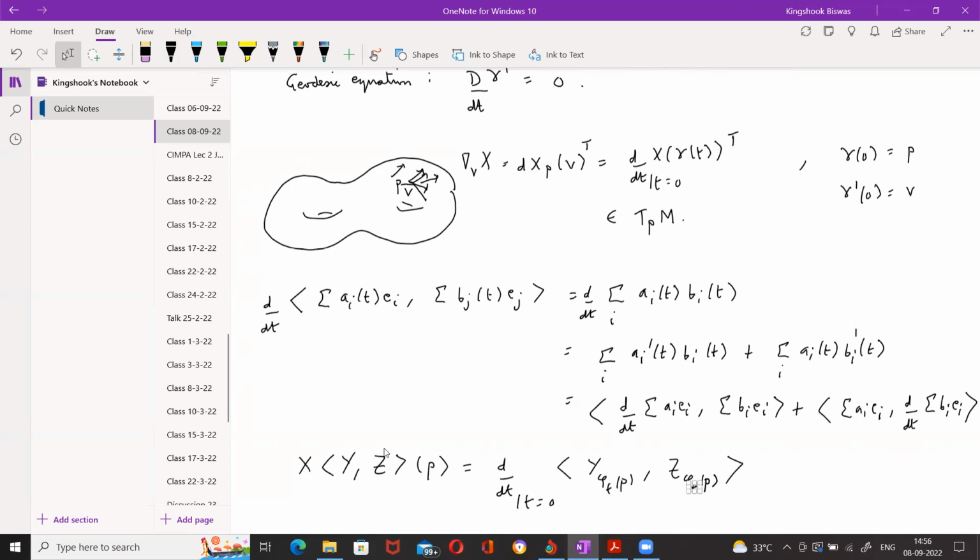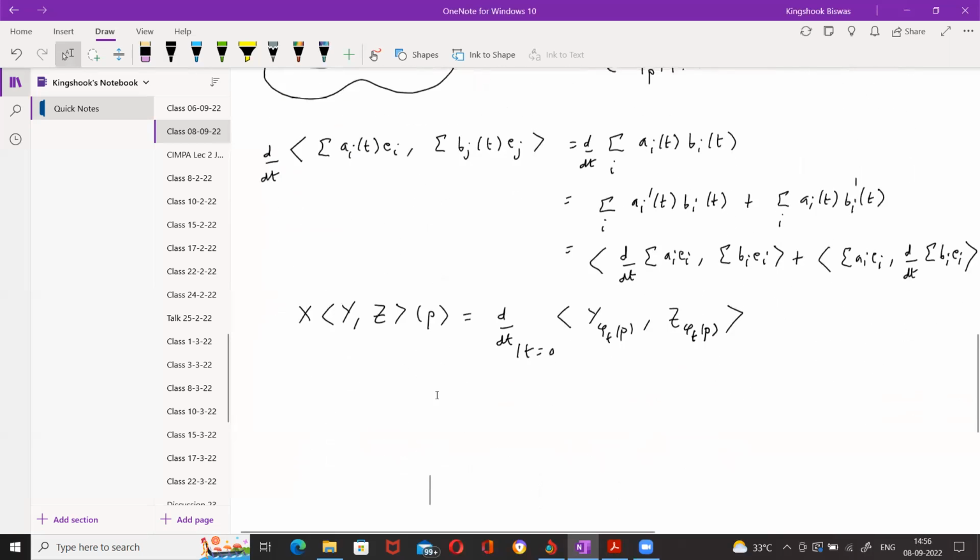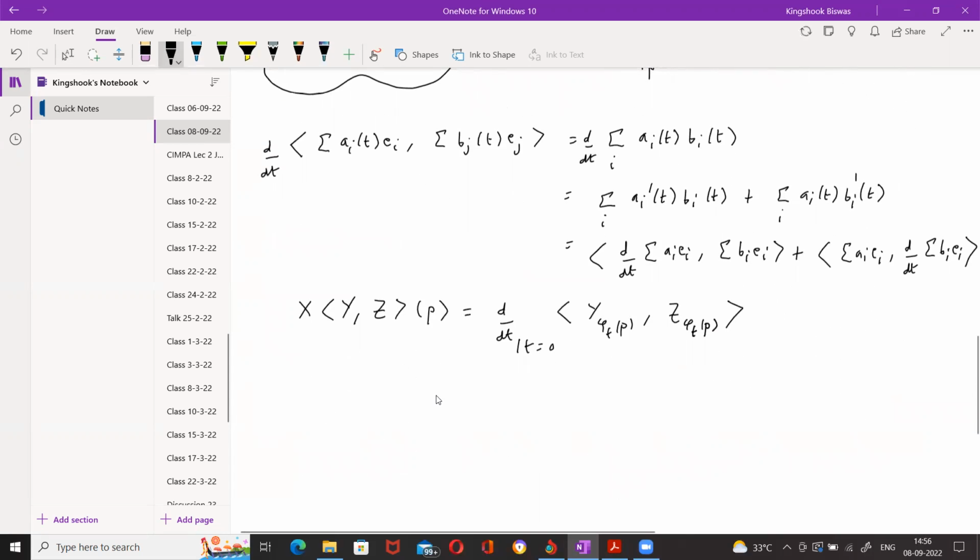And so by the calculation that I've done just above, this is equal to the inner product of d/dt at t equal to 0 of y at phi t of p with z at p.